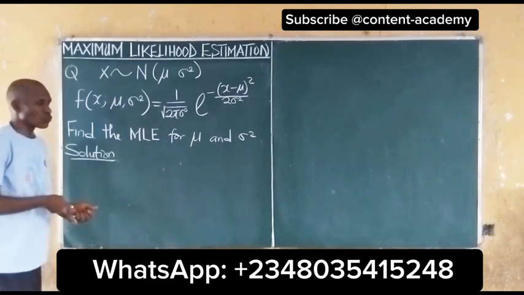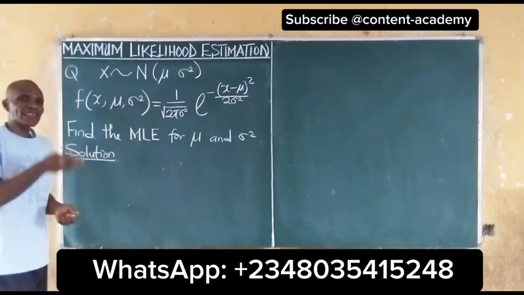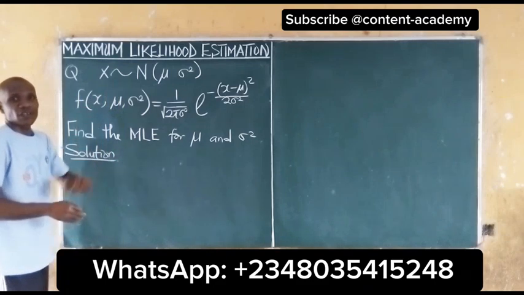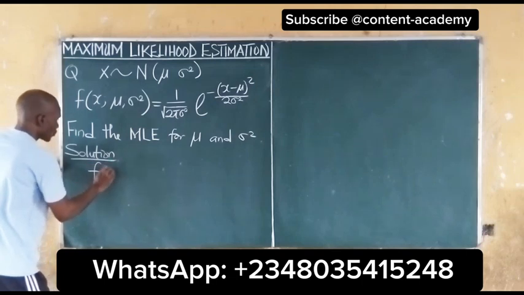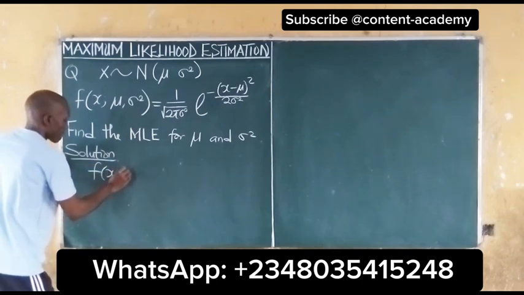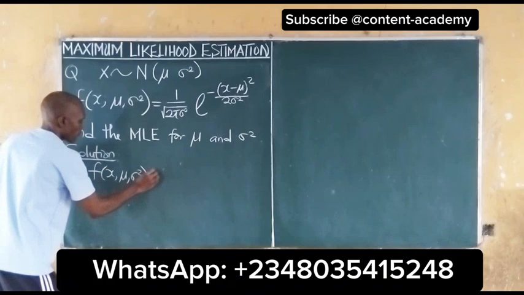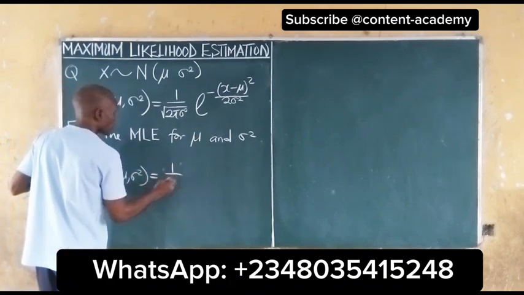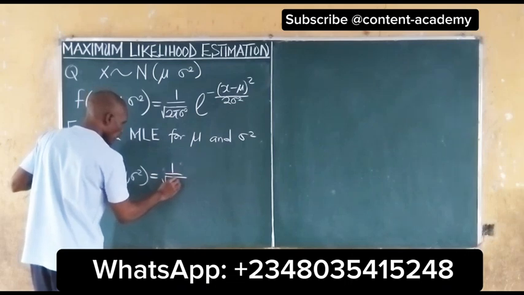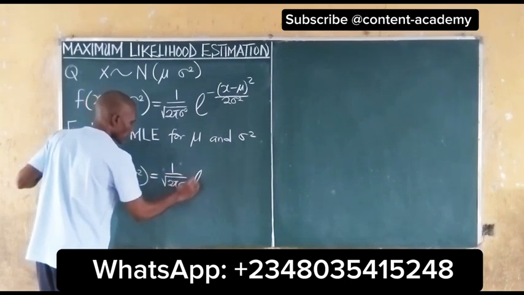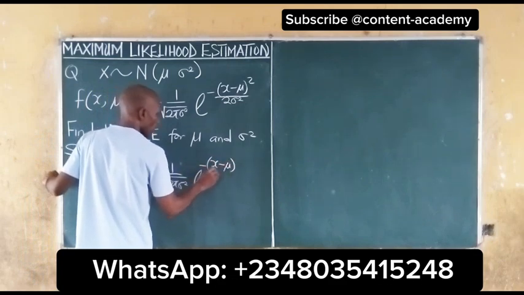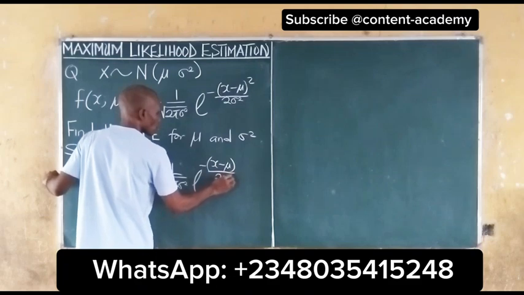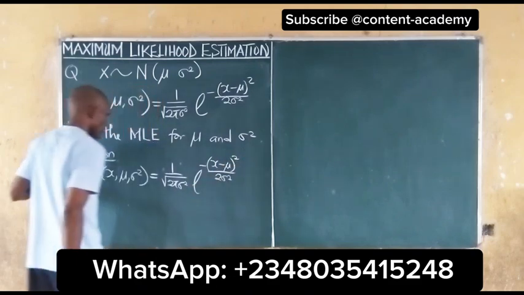The first thing to do is to take the likelihood function of this distribution. Now, our distribution is 1 over the square root of 2 pi sigma squared, exponential negative (x minus mean) squared all over 2 sigma squared.